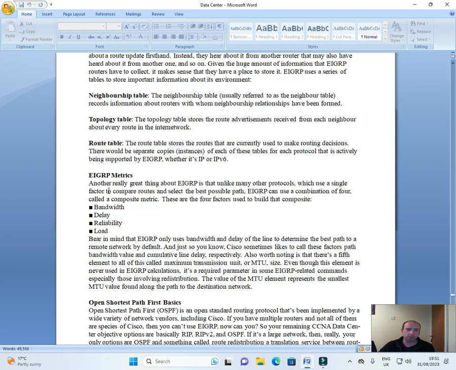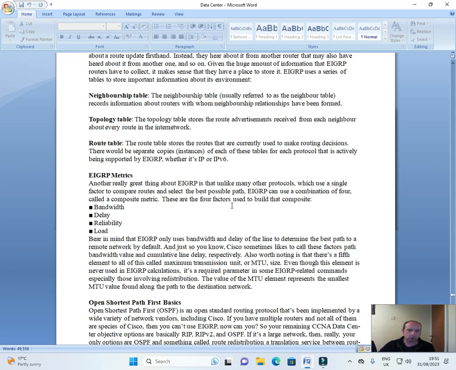EIGRP metrics. Another really great thing about EIGRP is that, unlike many other protocols which use a single factor to compare routes and select the best possible path, EIGRP can use a combination of four, called a composite metric.